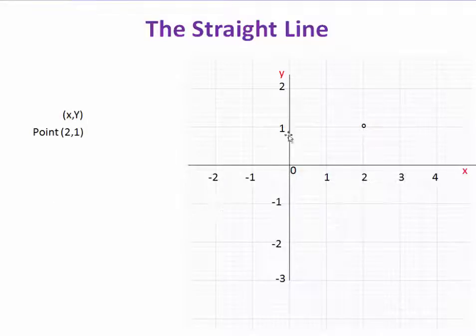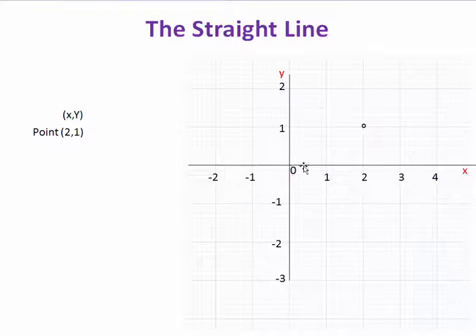Here I've just shown these two axes at right angles, and we're showing here that these are the positive units, these are the negative units, positive at the top, negative at the bottom, at equal intervals, and we want to describe this point here.